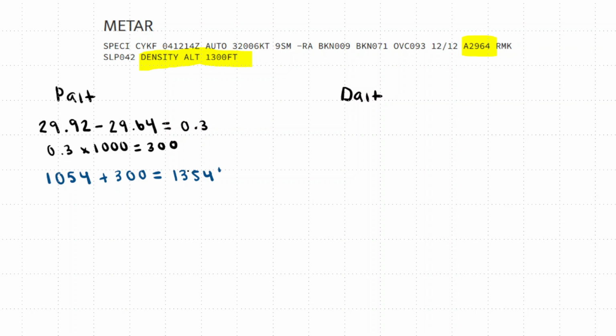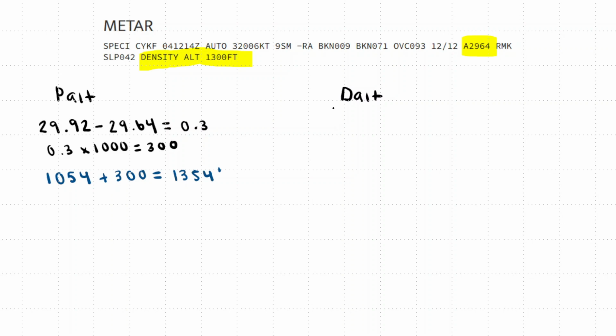And what is this number telling us? It's telling us that it feels like our aircraft is taking off from a higher altitude. And is that good for us or is that bad? Well, it's not great, right? Because, like I said, you've got less particles, less juicy air acting on your plane. We don't necessarily want that. So that's what this pressure altitude is telling us.